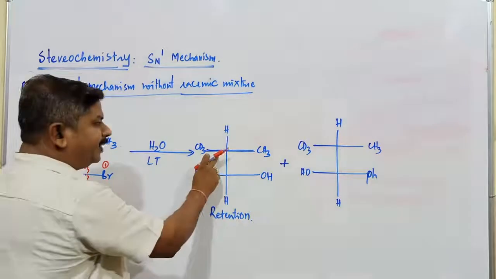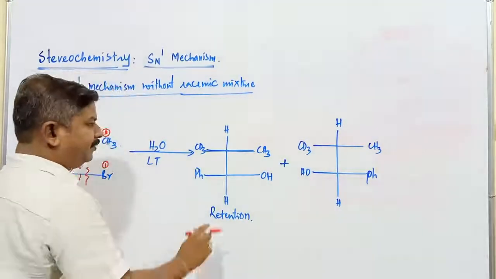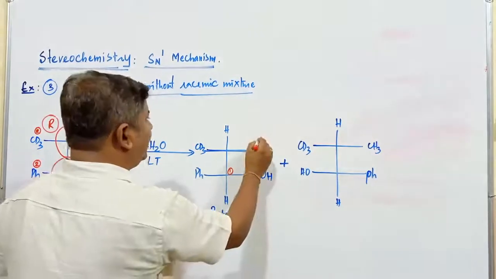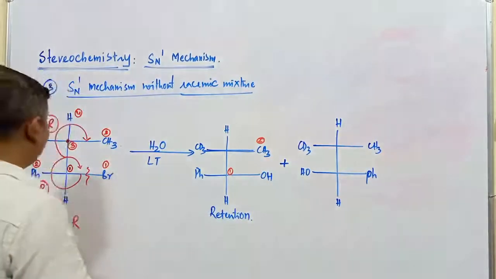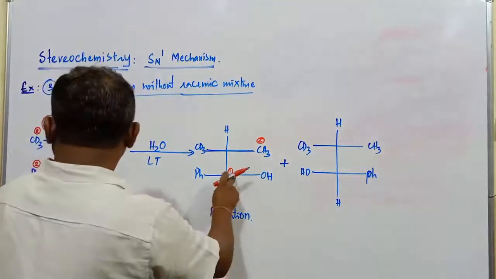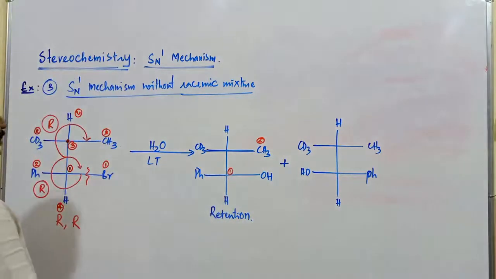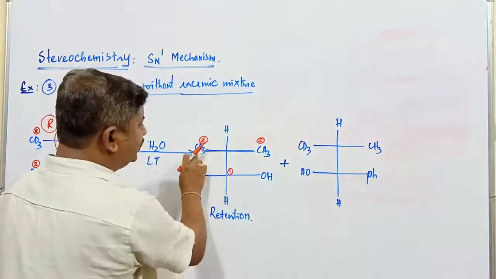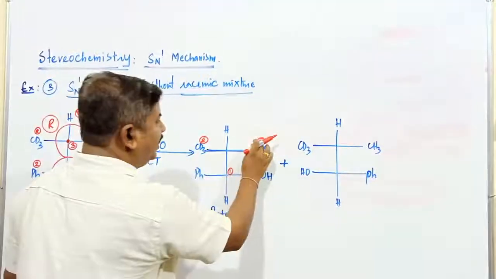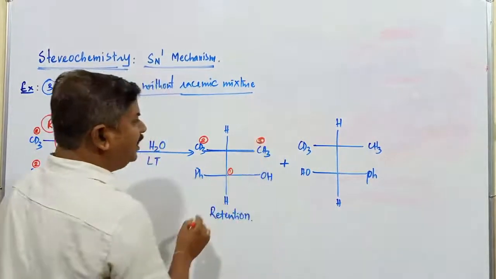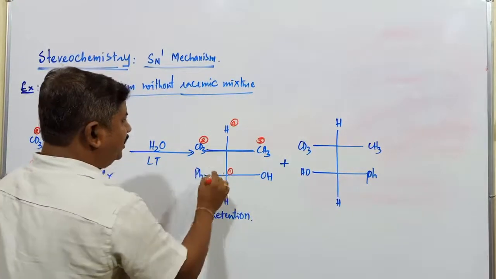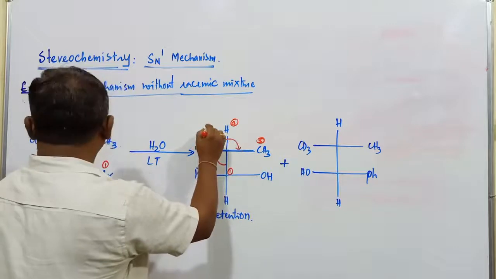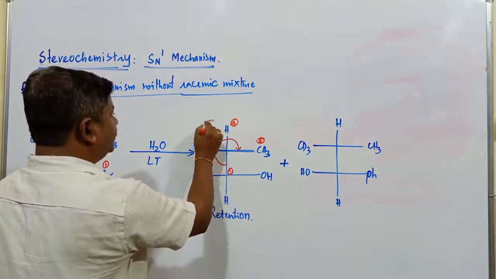Now with respect to this particular example, this is the first carbon atom as usual. This is the second carbon atom, because deuterium has higher priority. Now this is the third priority, and this is the fourth priority. What is the direction of movement? It is clockwise, commonly called R configuration.